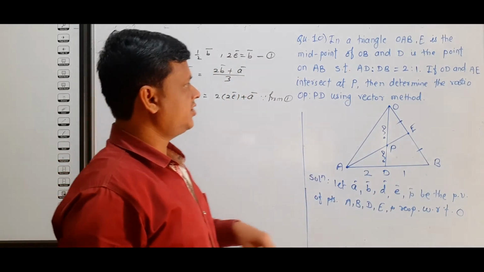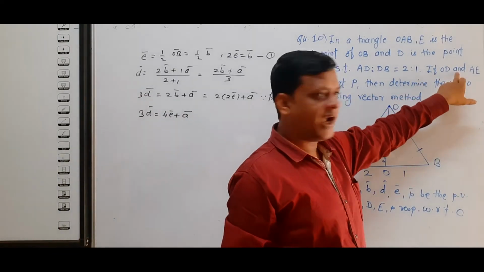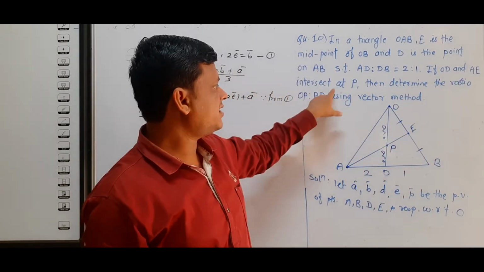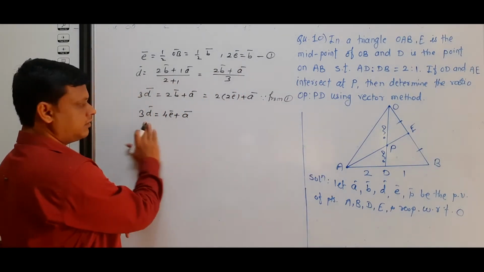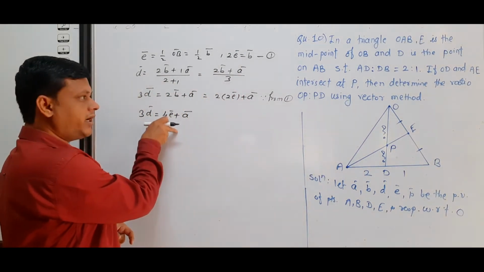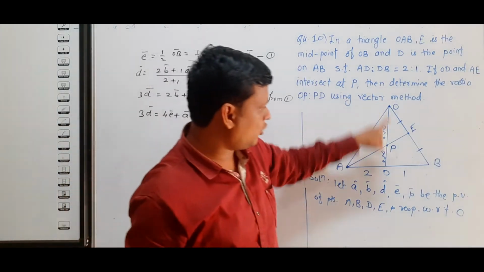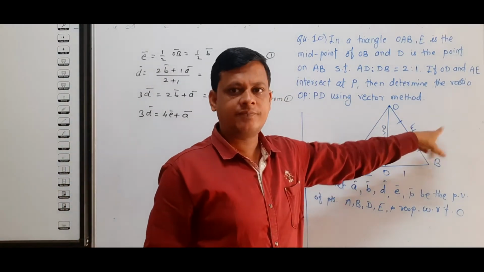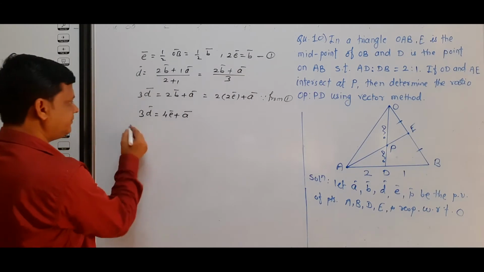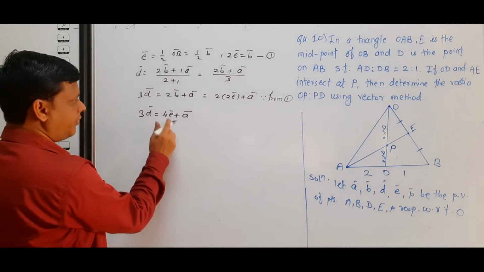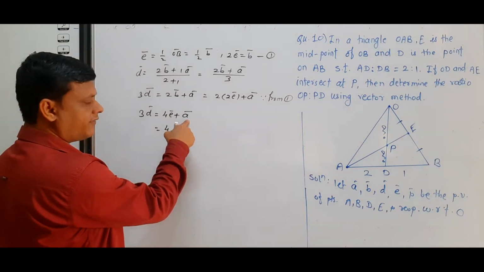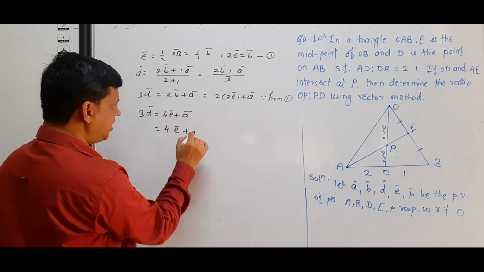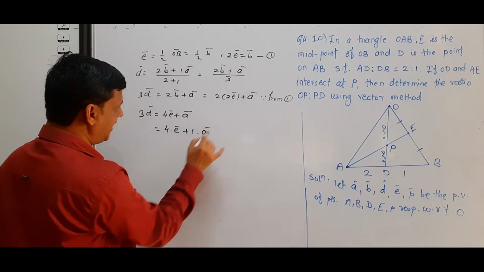Now see this condition: if OD and AE intersect at P, so we have to write this calculated vector in the form of vector OD and vector AE. So we write here coefficient of E is 4, so 4 into E bar, coefficient of A bar, that is scalar multiple, is 1, so we write 1 into A bar.